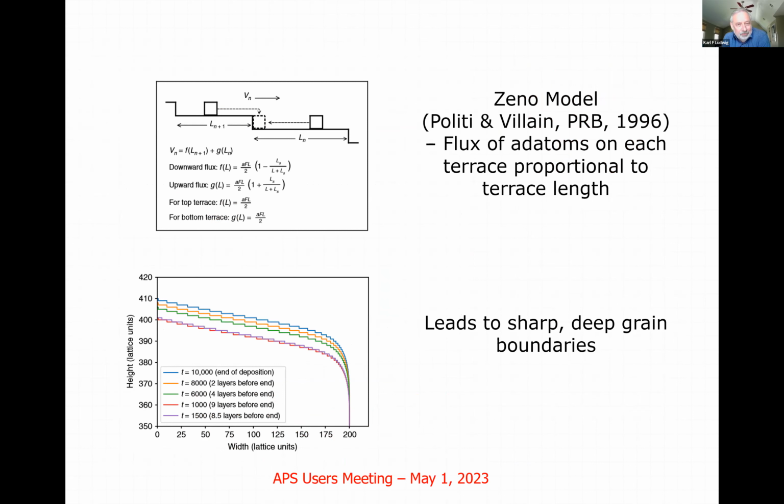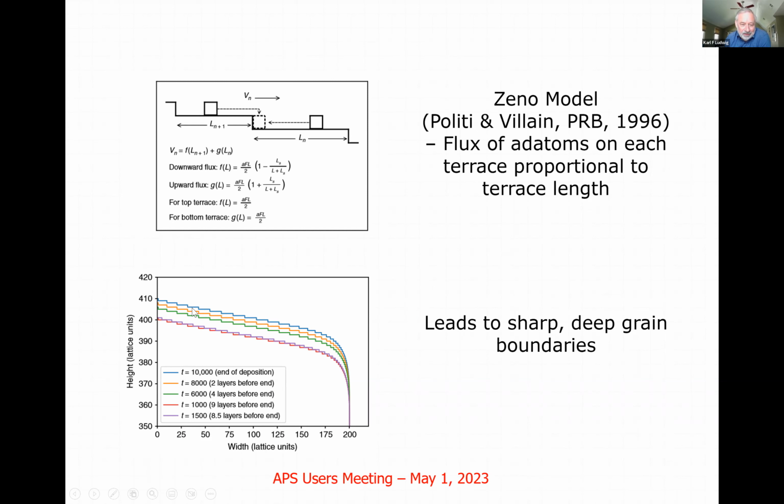And so Randy's group was able to make a simple model of this based on the Zeno model, which just says, as you deposit materials on terraces, short terraces, they don't have too long to grow, but then again, because they're short, they get less material, and it leads to very, very particular kind of morphologies.